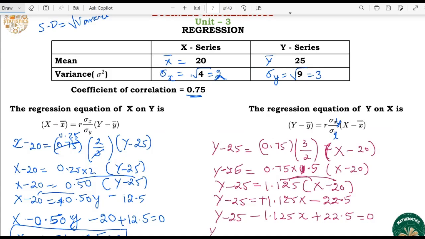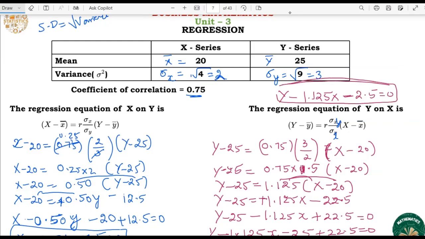So rearranging, we get y minus 1.125x minus 25 plus 22.5 equals 0. If you simplify that, 25 minus 22.5 will be 2.5, with a negative sign because 25 is greater than 22.5, so it will be y minus 1.125x minus 2.5 equals 0. So this is the regression equation for y on x.